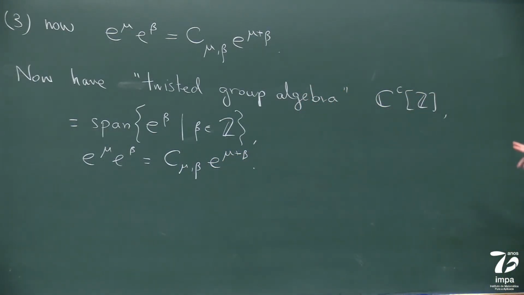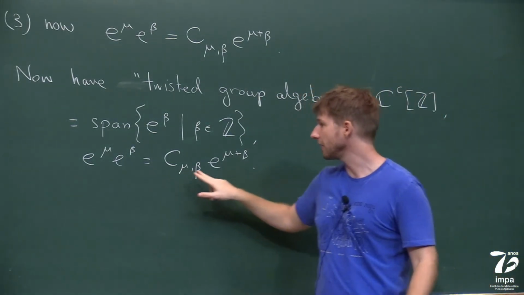So you take the group algebra of the integers, and then we twist it. So we redefine the multiplication to be like this.